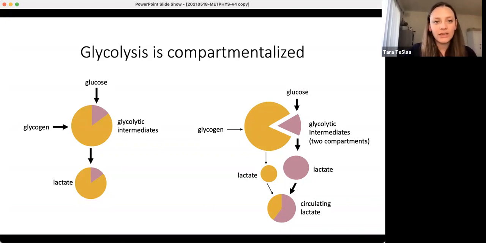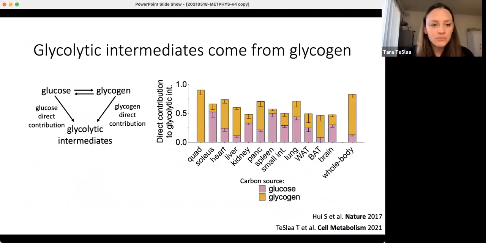So this can be totally explained by compartmentalization of glycolysis. And we think red muscle is an important organ for this. But we also think this may be happening on the cellular level, where heterogeneous tissues may have some cell types that are more glycolytic or use glucose for glycolysis.